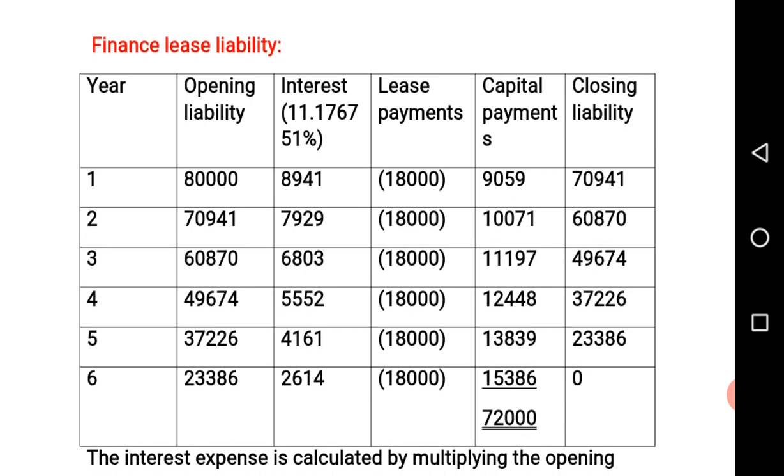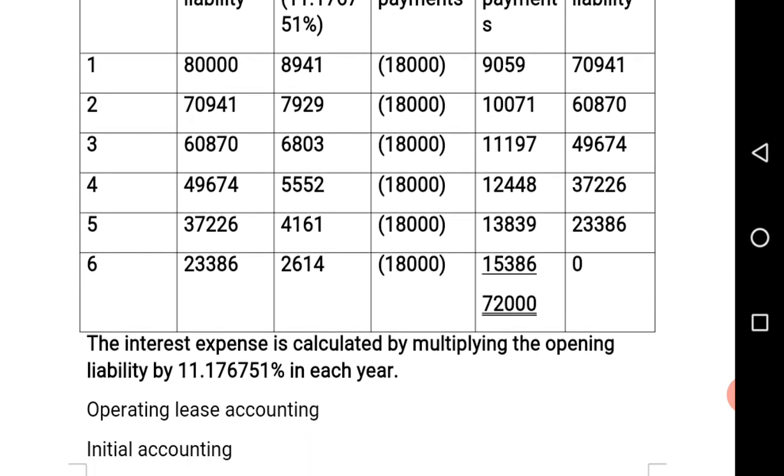The year 1 closing liability becomes the opening liability for year 2. Year 2's closing liability becomes the opening liability for year 3, and on and on.